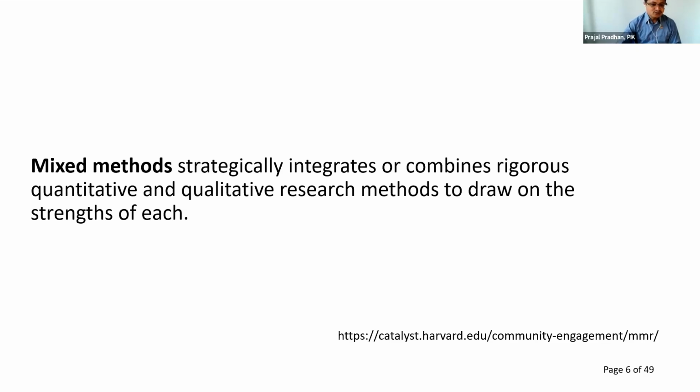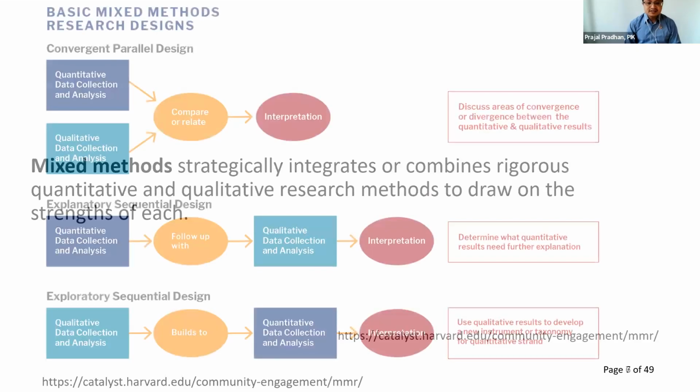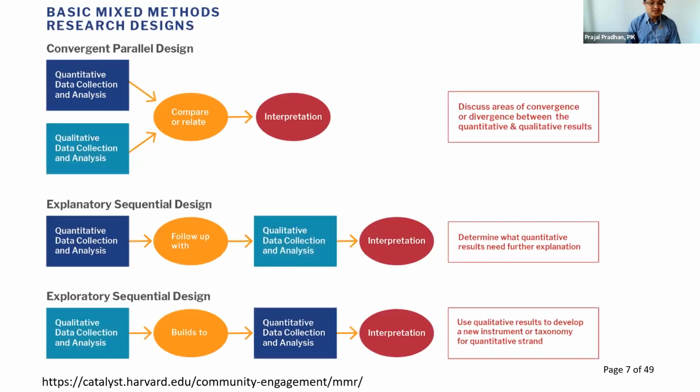So how can we mix two methods? There are three general ways to mix these methods. The first is that we can use a quantitative method and a qualitative method in parallel to address or explore the same research question, and then compare or relate the findings. Are we getting similar or different findings, and what does that mean?